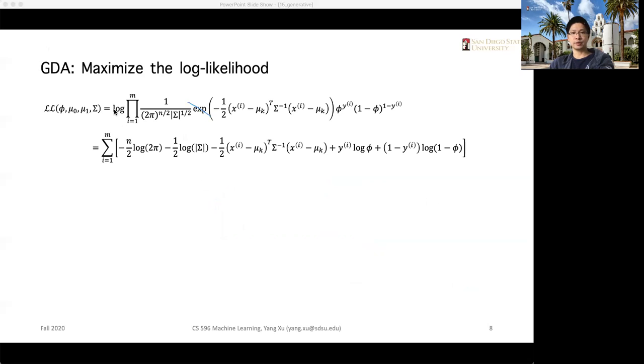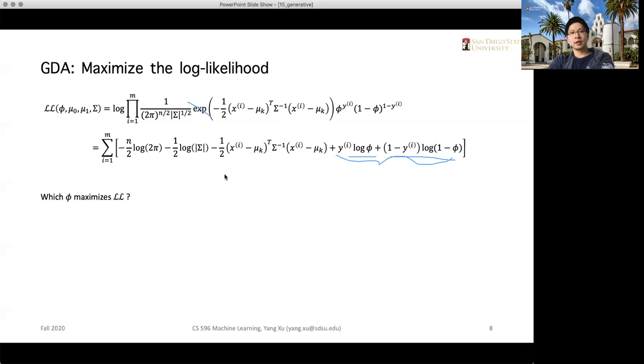Because it cancels with the logarithm function, but the logarithm function with phi remains here, right? These two terms are quite familiar. I mean, it looks very familiar to the logistic regression cost function, right?